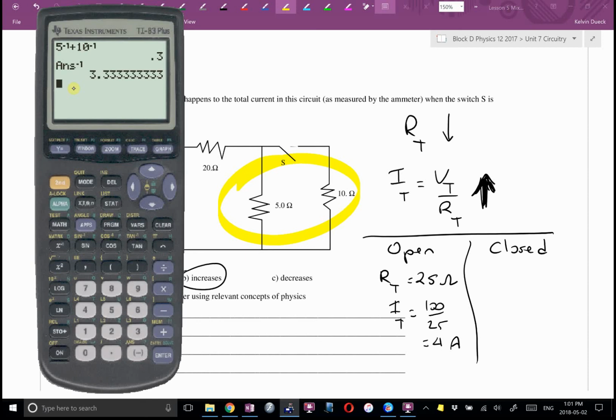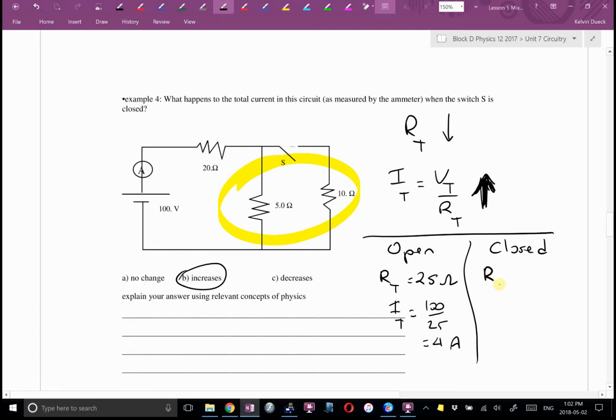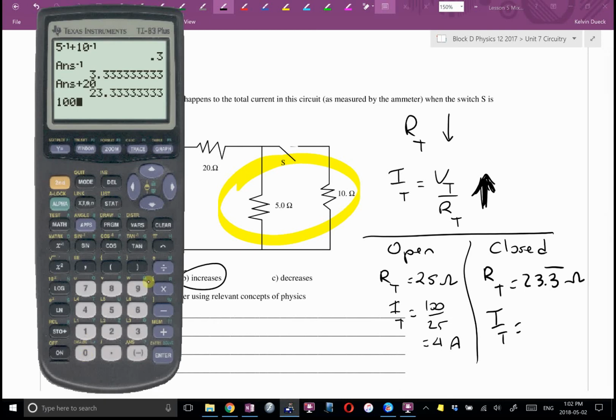Now that would be in series with the 20, so our total would be that number plus 20. The new R total is 23.3 repeating. What's the new I total? 100 divided by that. 4.3. 4.289.